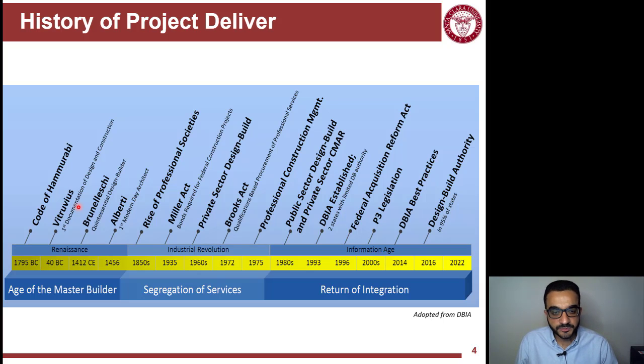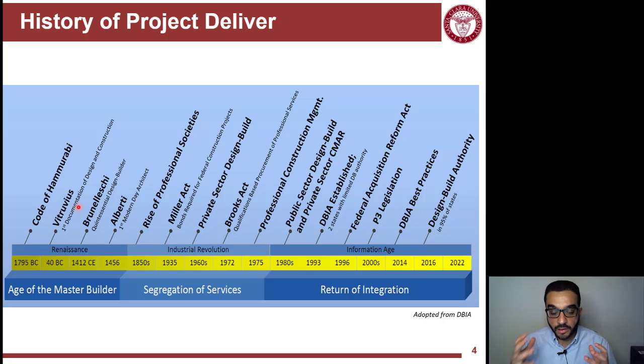Brunelleschi is an Italian architect, and he's really interesting. He is thought of as the father of design build. Brunelleschi came from the trades. He was a skilled tradesperson. He was an artist, but artists in the old days went through apprenticeship, getting trained by a master artist.